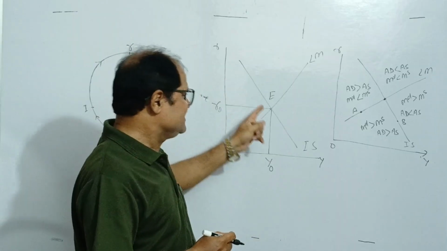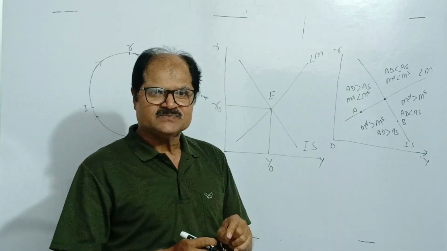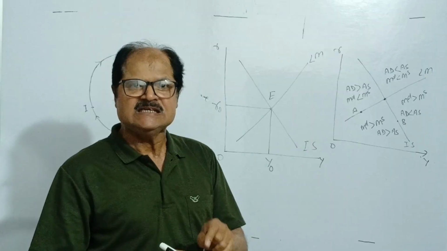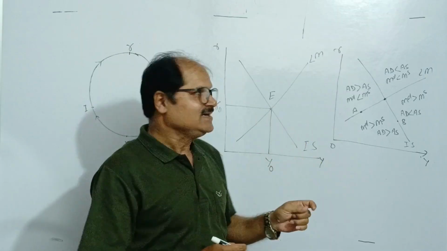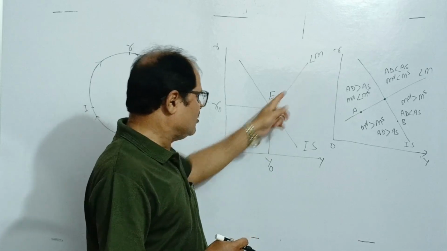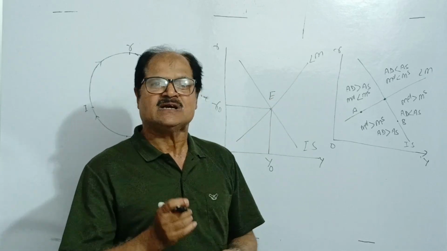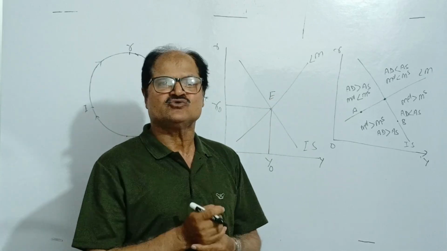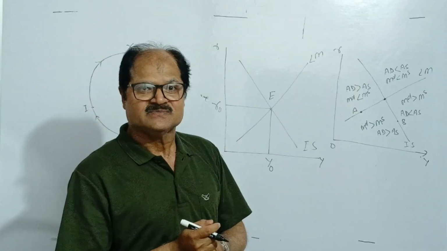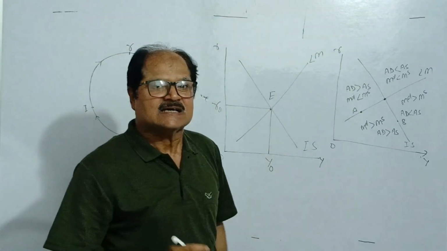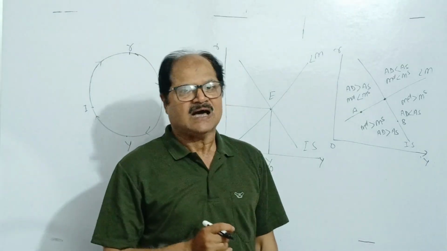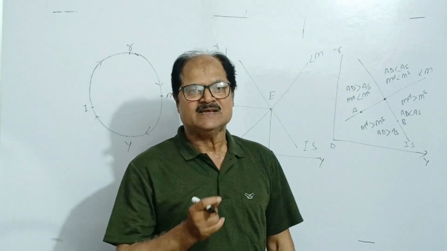Since point E lies on IS curve, product market must be in equilibrium at point E. Since E point lies also on LM curve, so the money market should also be in equilibrium. That is, point E is the common point on both IS as well as LM curve.